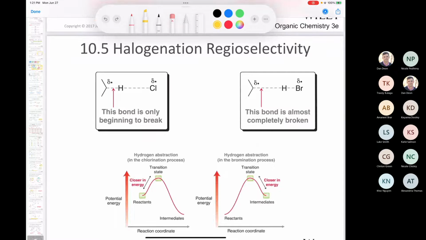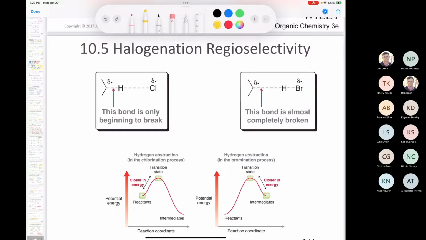Here's another way of looking at it. The transition state with chlorination, you can see that this bond between the carbon and the hydrogen, it's only starting to break. It's very little radical character at all. But when you go to the transition state here, it's almost broken. This thing is gone. So the radical stability means something, or it means a lot more than it would over here.